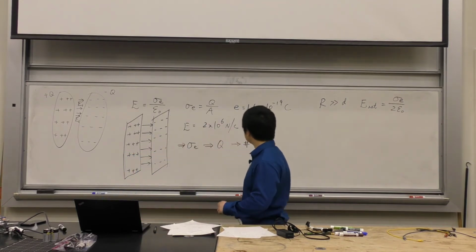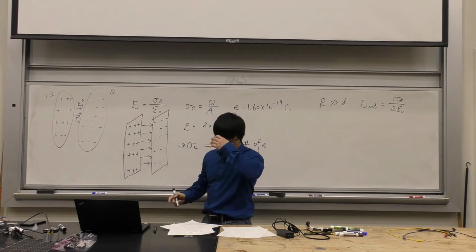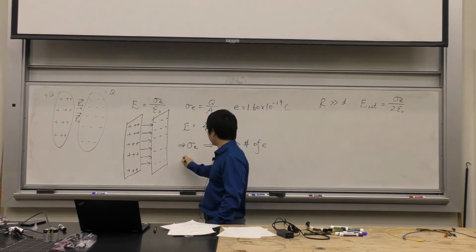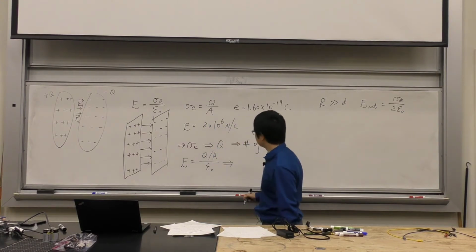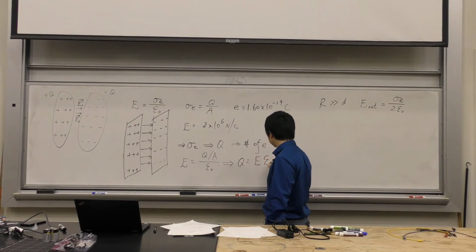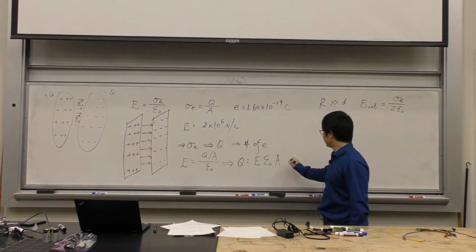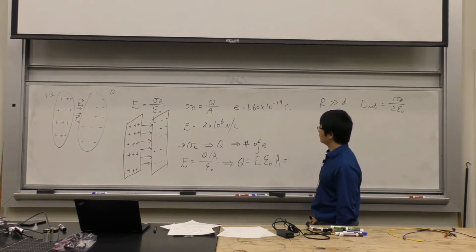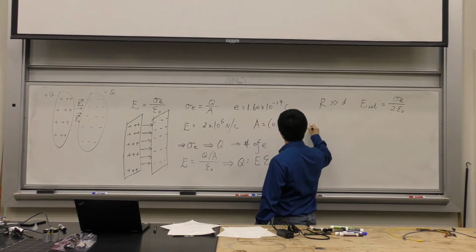All right, so let's see. If I put everything together, I should get E equals Q over A times epsilon naught, right? And then you rearrange this equation. At the end, you should get Q equals E times epsilon naught times A, right? You put everything together. The A, remember, is going to be 0.01 meter times 0.02 meters.